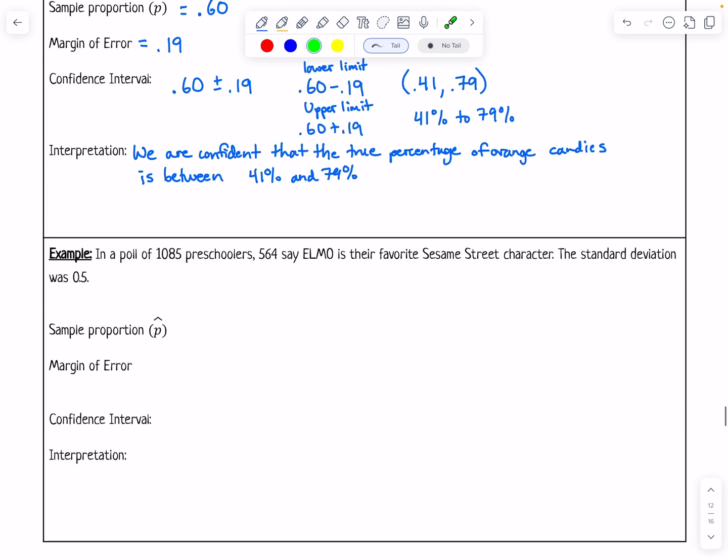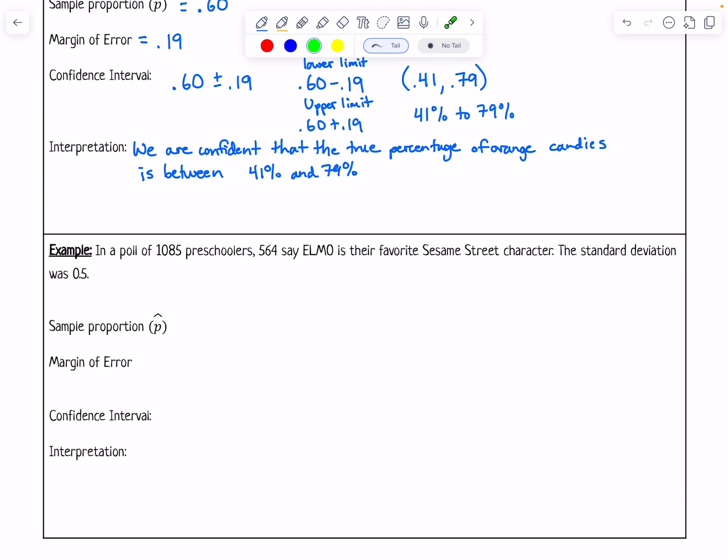So let's look at another example. In a poll of 1,085 preschoolers, 564 say Elmo is their favorite Sesame Street character. The standard deviation was 0.5. The sample proportion, which they did not directly tell us but gave enough information to find, is 564 out of 1,085, which gives us 0.52.